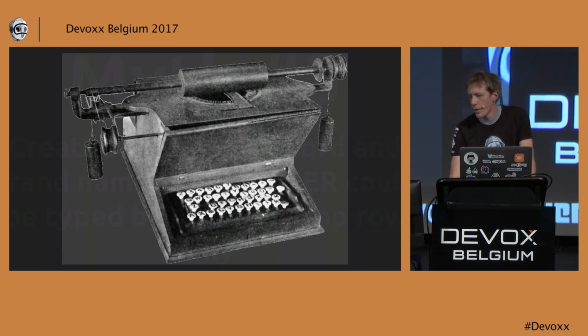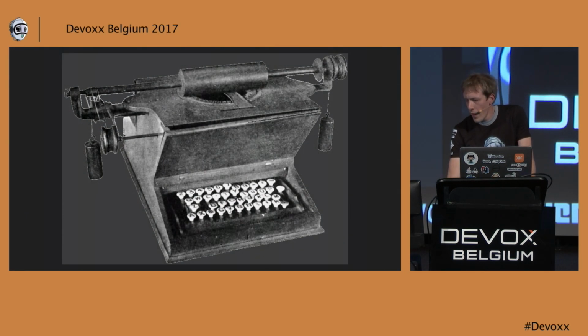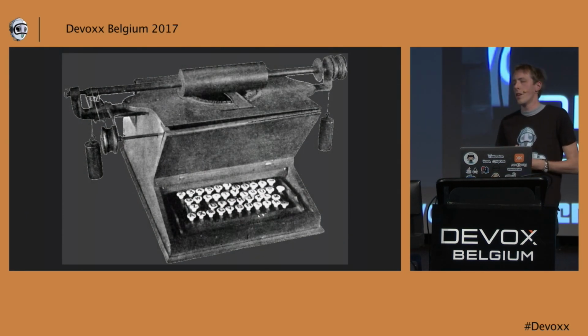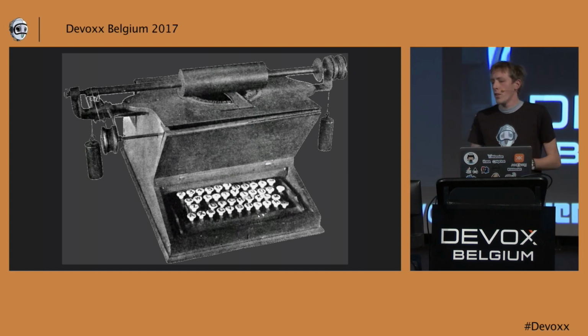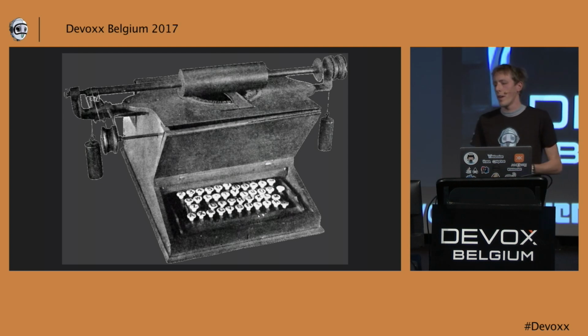And this switch only happened because of input from the telegraphers. It wasn't very easy for them to use this period key next to the E. They wanted to use the R next to the E, so they could type the ER combination more quickly.